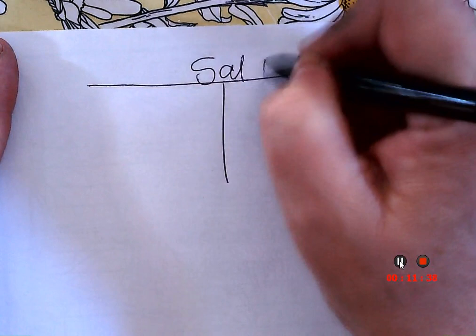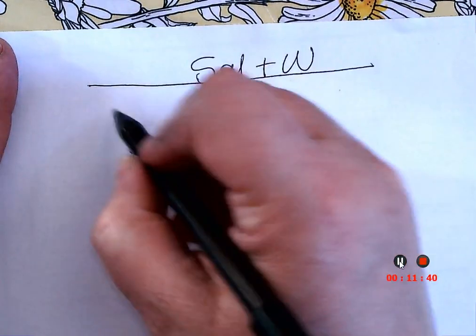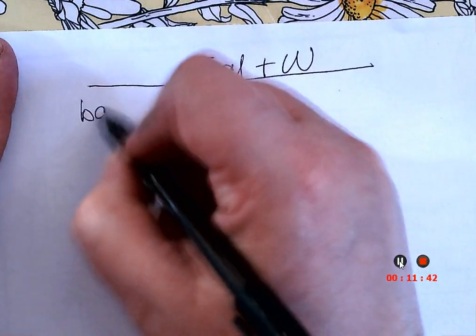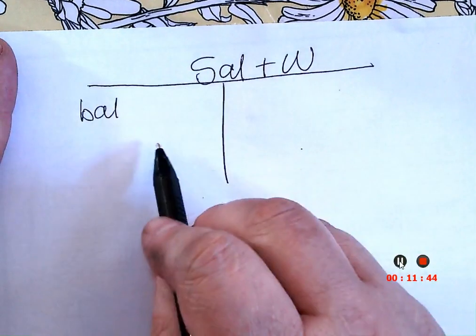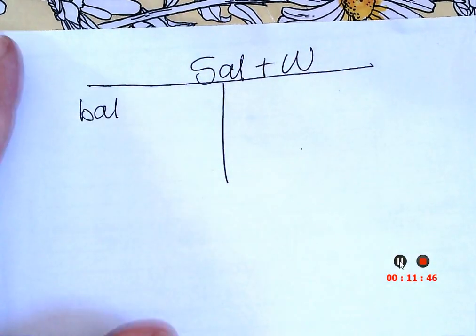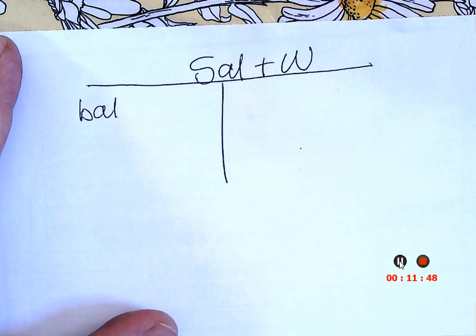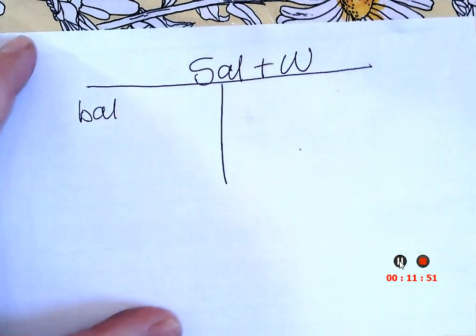So let me just be clear on this. I have never seen them ask the T account for direct labor cost. 9 out of 10 times they ask you to calculate it. Okay? But if they do ask you, remember your labor, your salary and wages has got an amount here. Okay? A balance. And that balance is going to close off to the different sections.